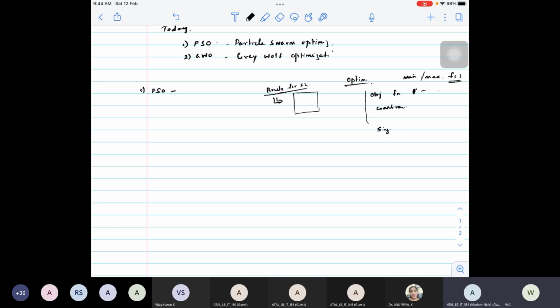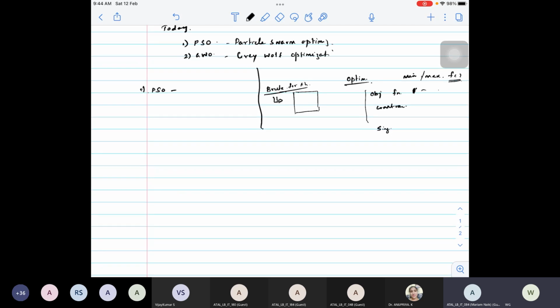Now we don't have that much compute, or that much time, to compute the entire solution space. Rather, we are more interested in heuristics which may not give us the optimal solution, but a near optimal solution.